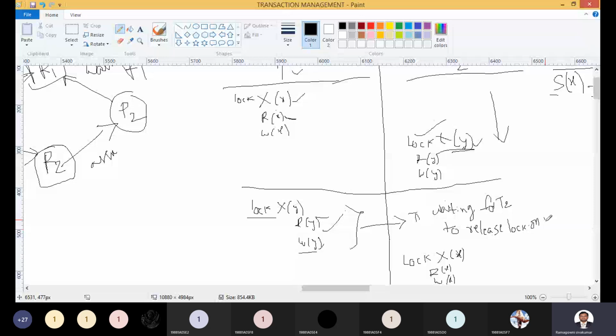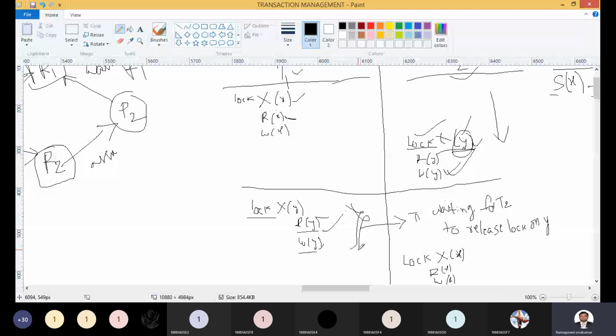See, are you understanding? Did you understand this? So already for Y data item we have lock in T2 transaction. Then how can I access that Y data item in T1 transaction? So till it releases the lock, it should be in waiting state. So T1 is waiting for T2 to release lock on Y data item. Are you understanding?